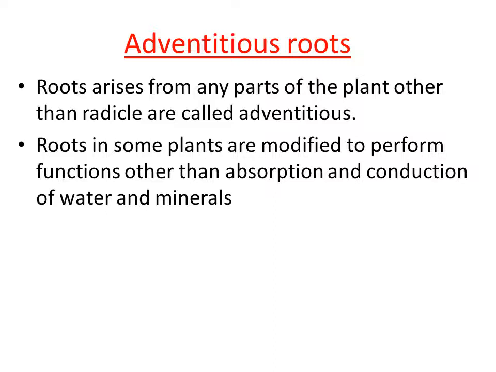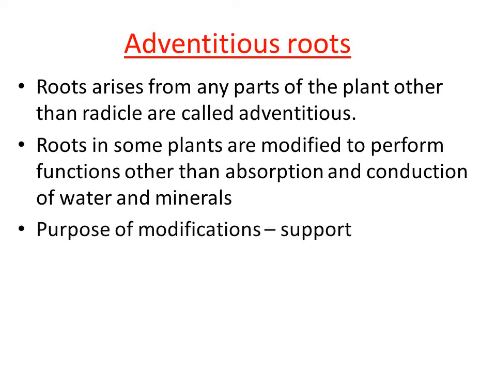They arise from any part of the plant. It may be from the branches of a tree, or from the base of the stem, right? When this kind of root arises, it does not perform the basic function of absorption and conduction of water and minerals, because the formation of adventitious root is for a different purpose.